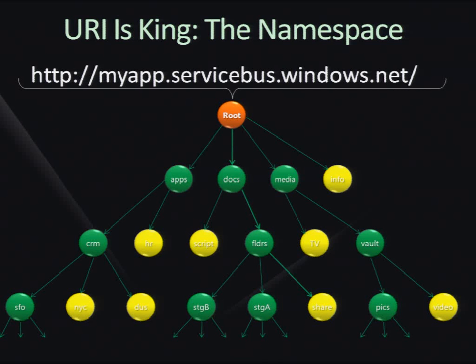When you go to azure.com and you register for the .NET Services CTP, you will be asked to then create a solution ID. That solution ID ends up where we have my app up there. So you get http://myapp.servicebus.windows.net, and that gives you a route for your applications.